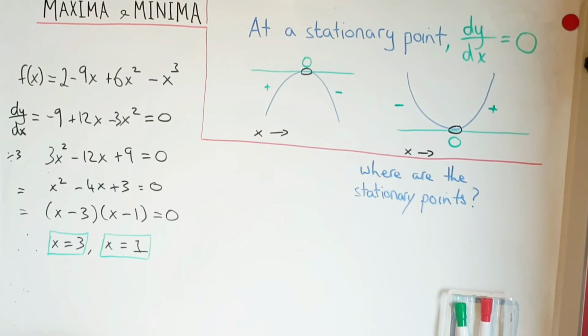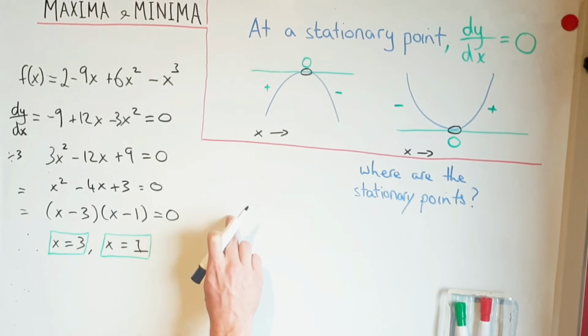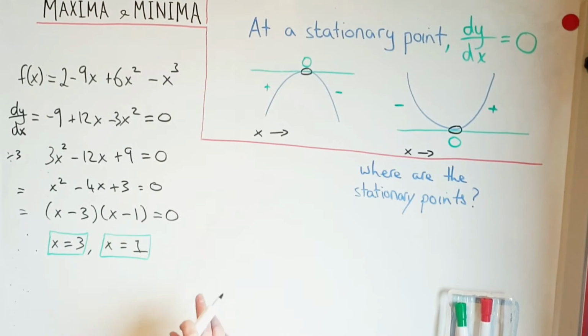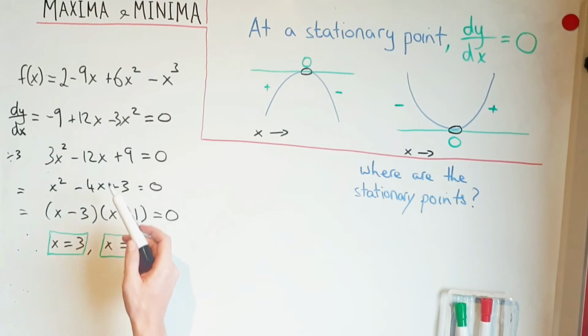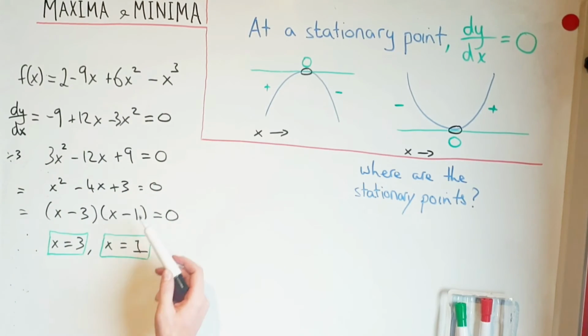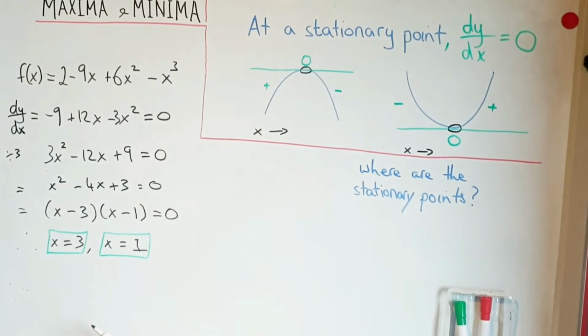Now what we have to do, of course, if we have an xy graph, it's not enough just knowing the x values, we have to know the y-axis as well, so we can actually pinpoint a location as to where this stationary point occurs. So to do this, we have to insert each x value back into the original function. So you're not inserting it into the derivative, you're inserting the values into the original function.